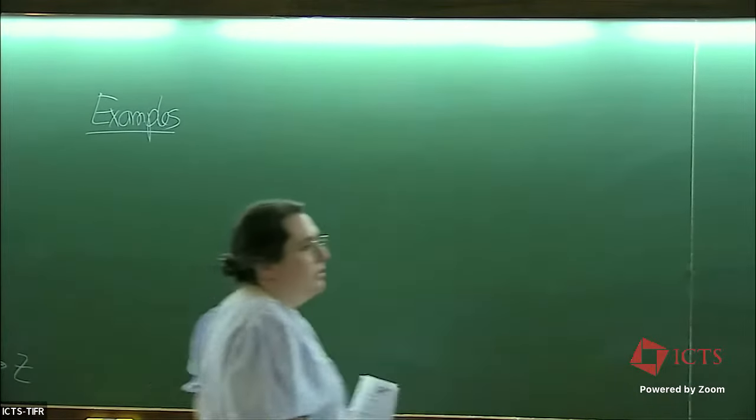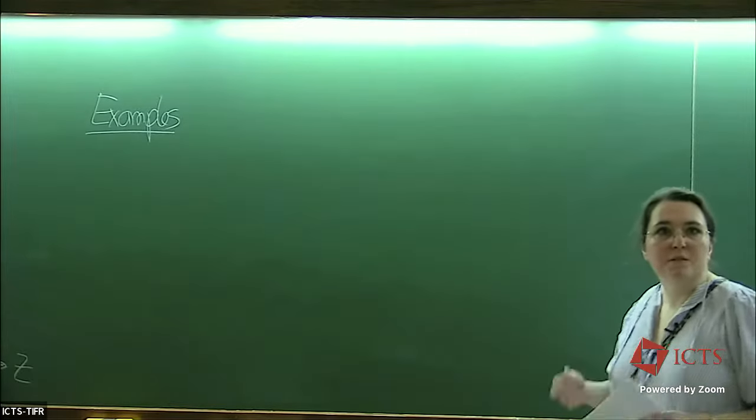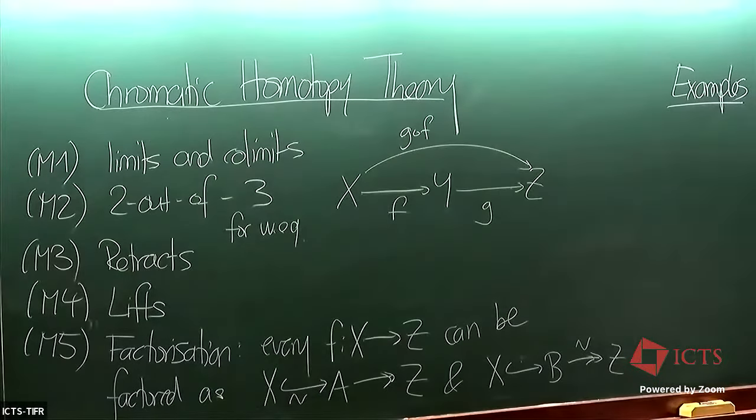This is why I deliberately wrote this down like this rather than saying what a model category is. So already on topological spaces, there are several even standard ways of choosing these three things such that the axioms hold, but the most standard one is the following.